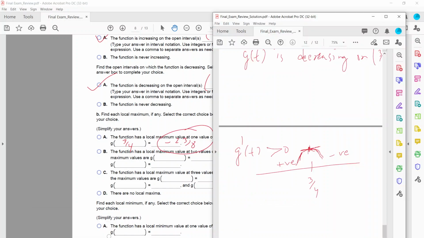So if you use this reference of my graph, it should be somewhere here, below the x-axis. That is -23/8.